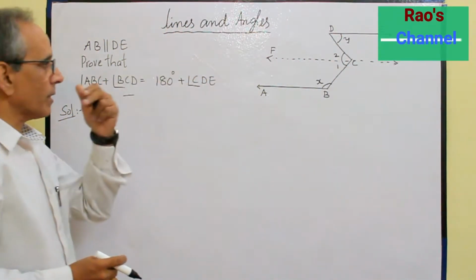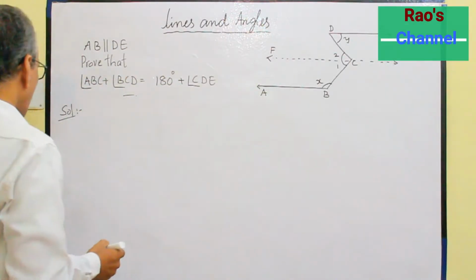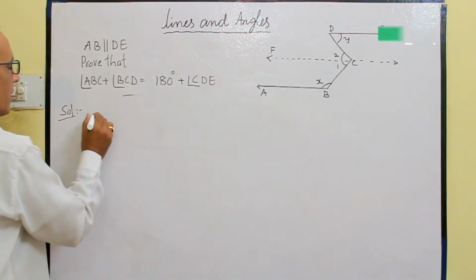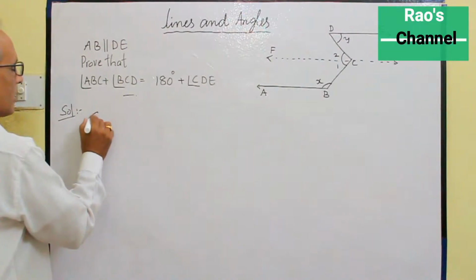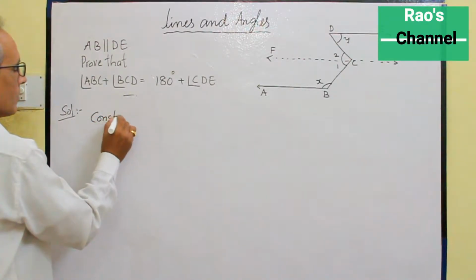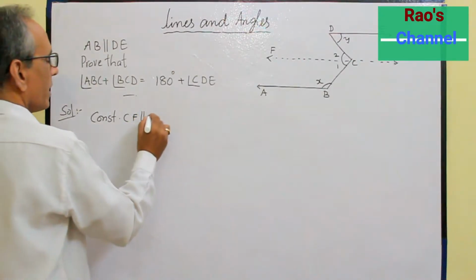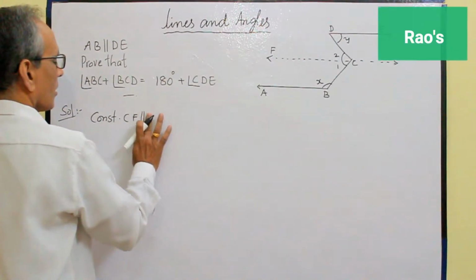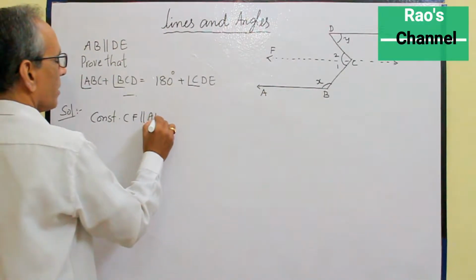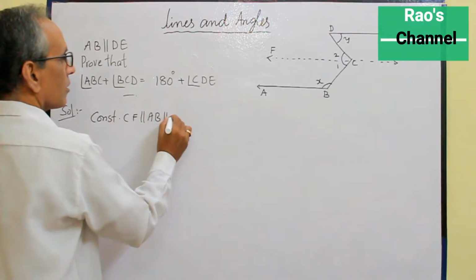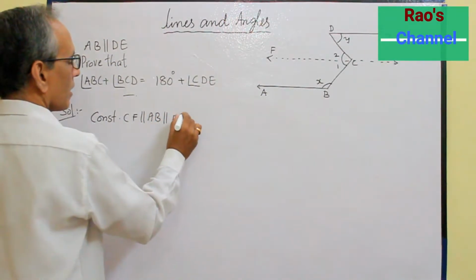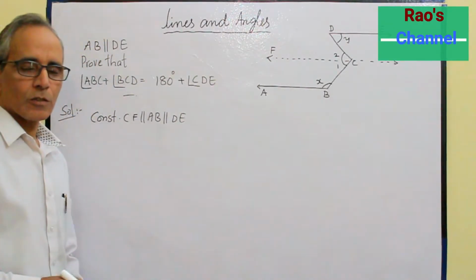Let me write here. We copy the question as it is, and after copying the question we write: construct CF parallel to AB, and parallel to DE also.